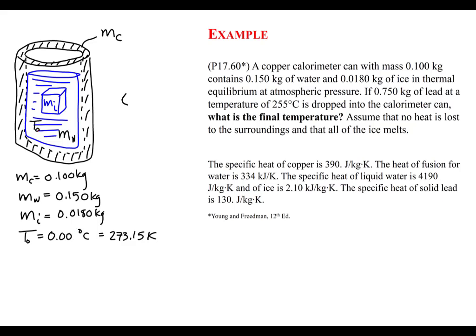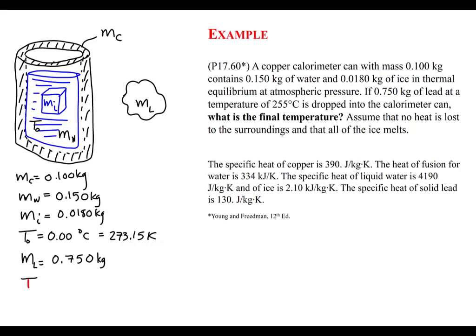We also know that we have a certain quantity of lead. I'll indicate that with an m sub L for the mass of the lead, and the mass of the lead is 0.750 kilograms.